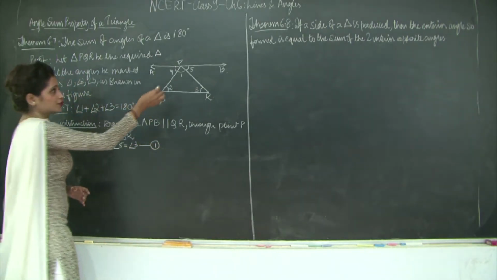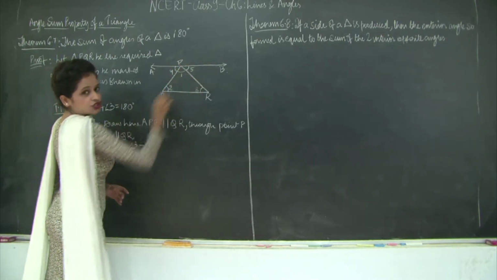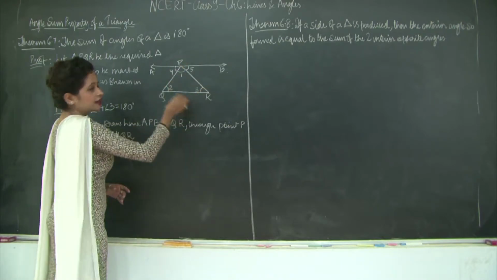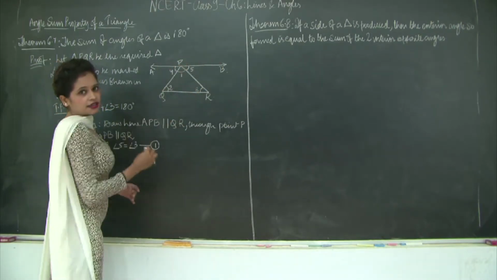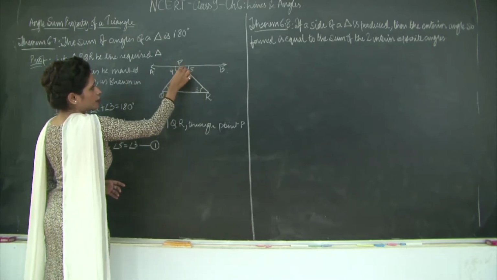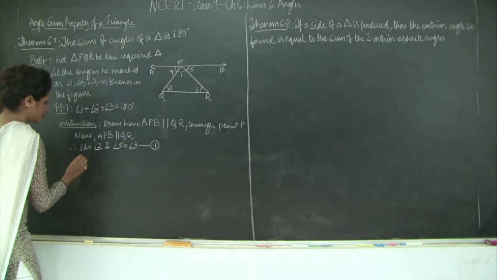Now, if you notice over here, what do you have? You have AB as a straight line, and the rays PQ and PR standing on this line AB, right? Therefore, you have angle 4 plus angle 1 plus angle 5 is equal to 180 degrees, correct?